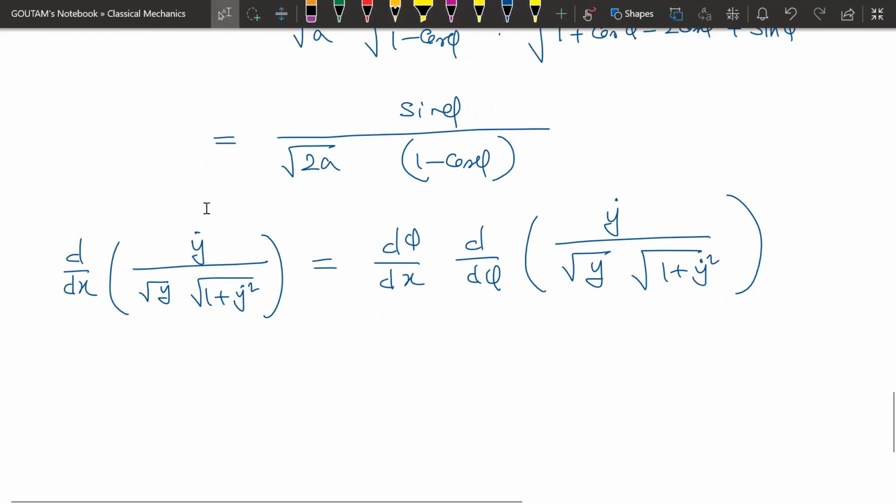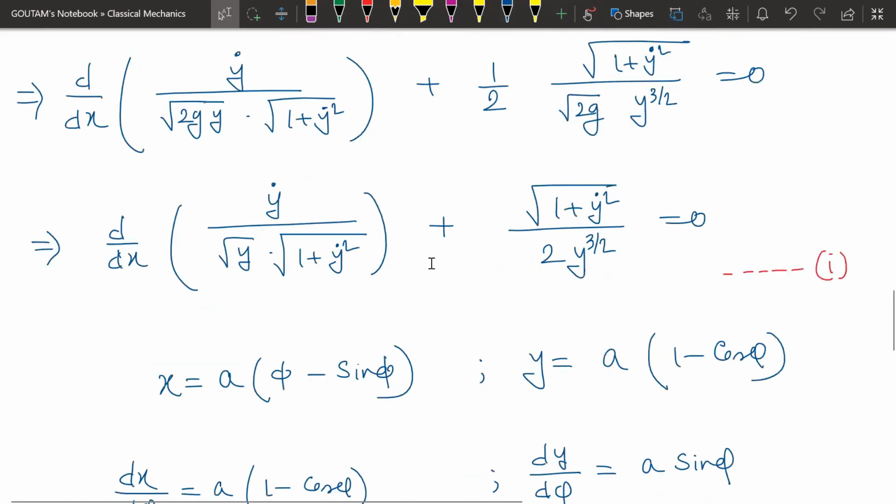This is because we know this term as a function of φ, so it is easier to take the derivative with respect to φ. And this dφ/dx is 1 by dx/dφ.